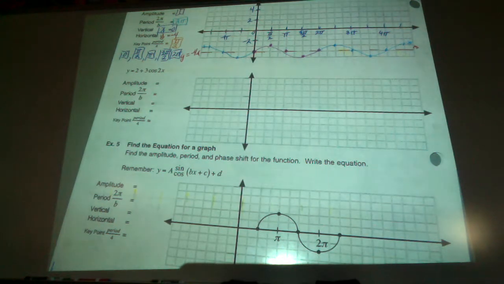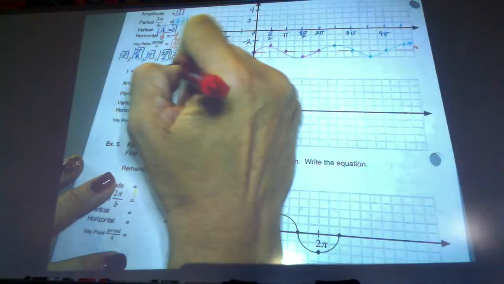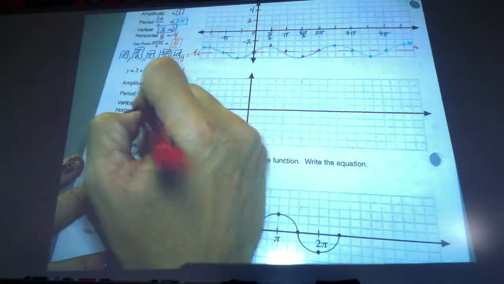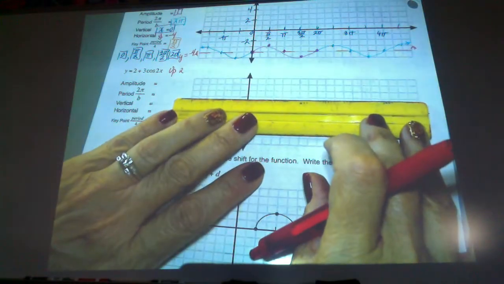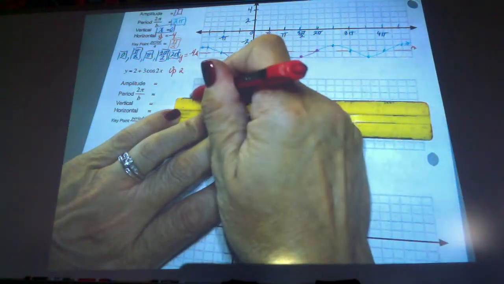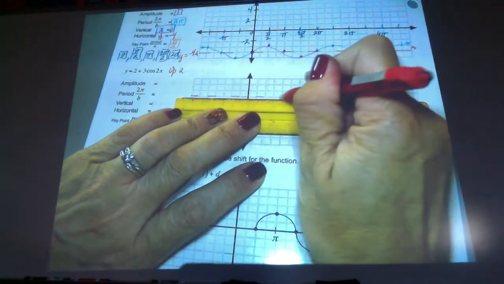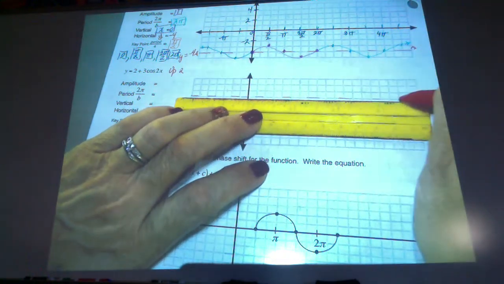Remember, in parentheses implies a right-left movement. So outside of parentheses implies a what? Up, down. So is this up or down? So it's going to be up 2. So immediately I move my horizontal line up 2, which would be right here. Because if you don't move it immediately, you forget. And notice that the up 2 is in front of the function, which is fine. It can be in front of the function.